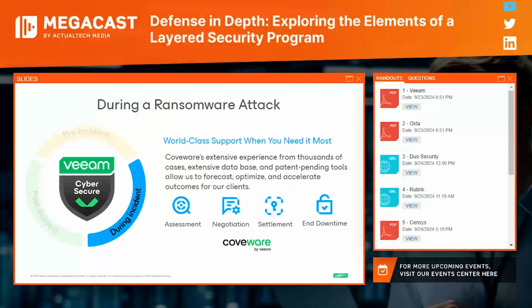Then comes the during-the-attack phase, and at Coveware we offer expert incident response. The first thing, really quick: when a customer calls, the customer is in the middle of an attack, can't access some of the systems or some of the data, and typically receives a ransom note, and that's when they approach us.